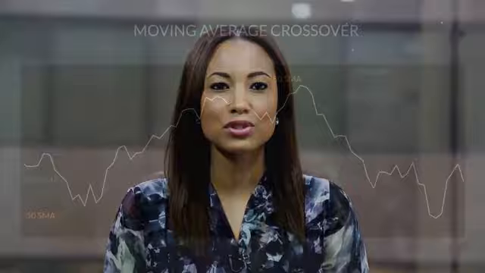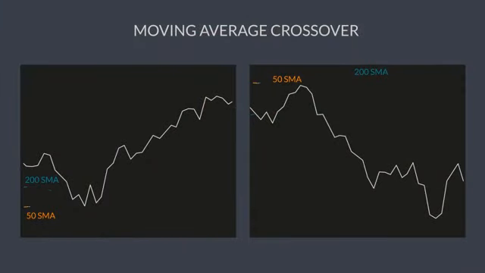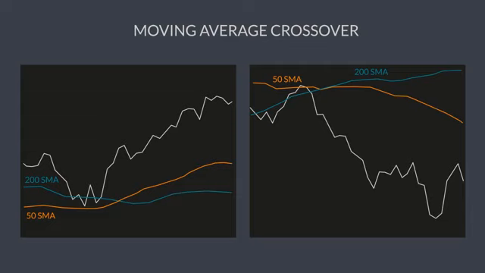Now, commonly, if you're just using one moving average, for example the 21-day moving average, a typical buying signal could be when the price rises above the moving average, while a sell signal may be generated when the price closes below the moving average. When you're using 2 or more moving averages with different time periods, signals are given when they cross each other.